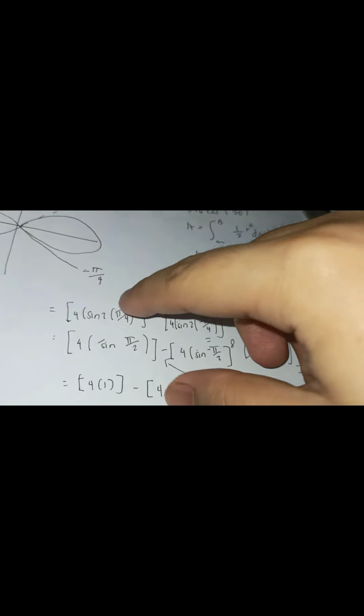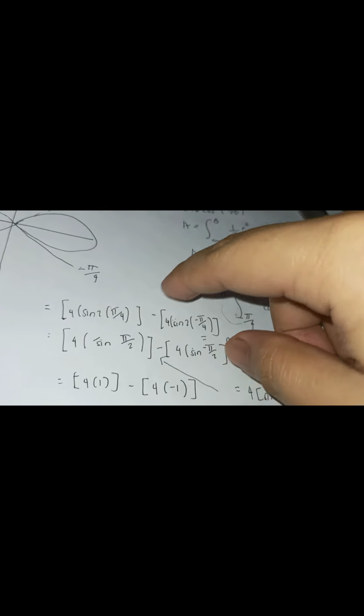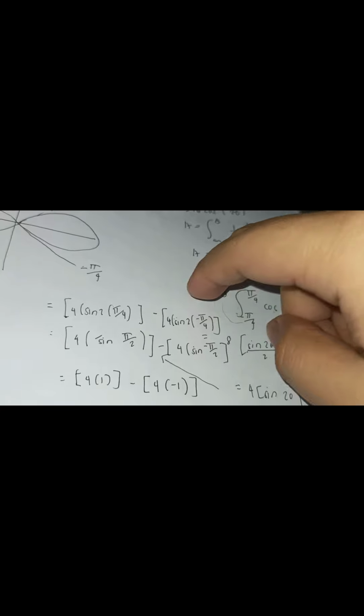So then 8 divided by 2 equals 4 sine 2 theta, evaluated from negative pi over 4 to pi over 4. Then we just substitute: 4 times sine 2 times pi over 4, minus 4 times sine 2 times negative pi over 4.